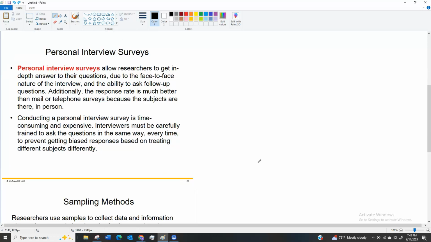And the fourth type of surveys that we talk about are personal interview surveys. These are the best, but they're also expensive and they're time consuming. So it's where you would go and personally interview someone, do a face-to-face interview, and the person can ask follow-up questions, but as I mentioned, it's time consuming, it's expensive, and interviewers have to be carefully trained.